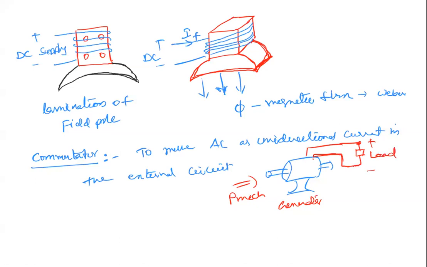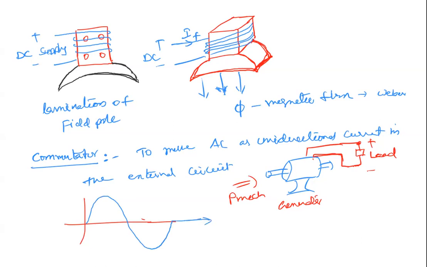Inside it generates AC, but the same AC will flow in one direction in the external circuit. Actually, the alternating current which we generate is of a sinusoidal shape, a sinusoidal voltage or sinusoidal current.